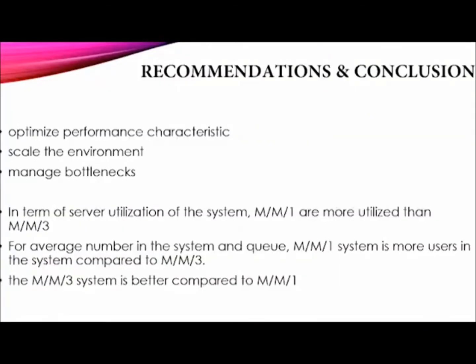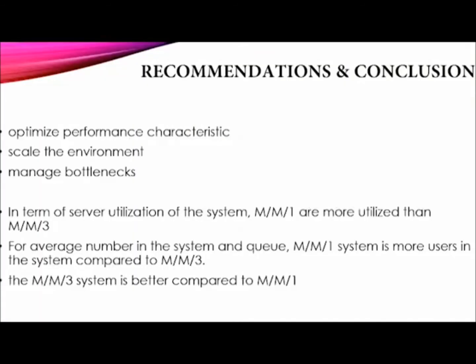So the conclusion that I can draw for this project is that, in terms of server utilization of the systems, M/M/1 is more utilized than M/M/3. Like the first table in the first slide, it mentions that the time taken for M/M/1 is quite a bit greater than for M/M/3.